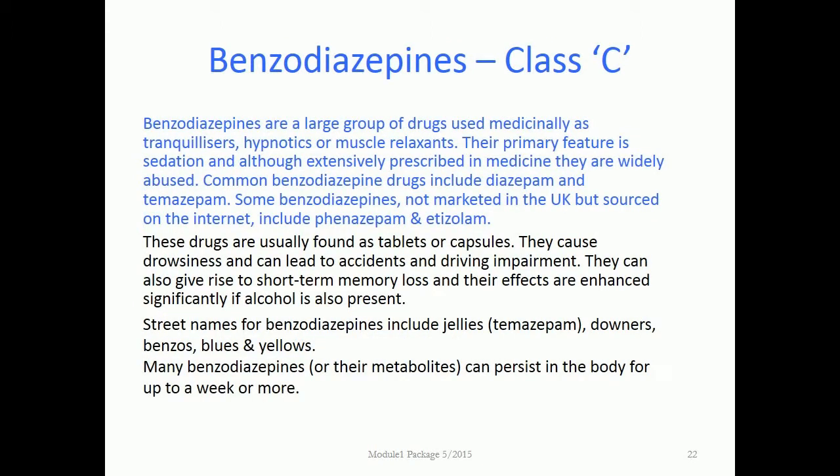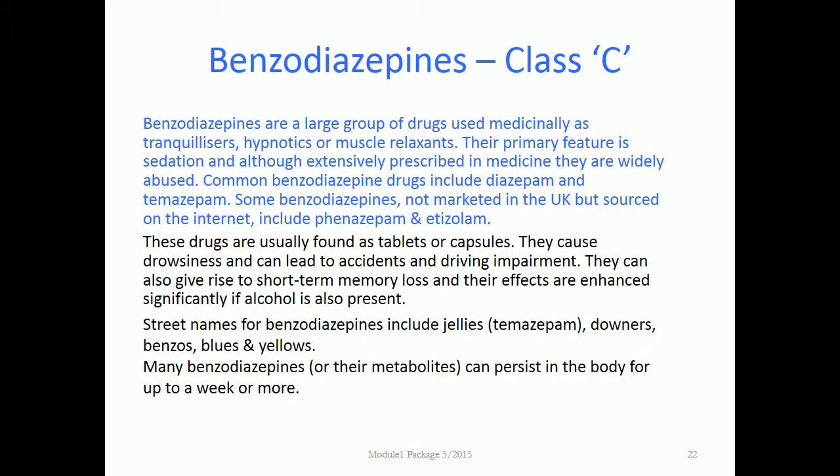Benzodiazepines, Class C. Benzodiazepines are a large group of drugs used medicinally as tranquilizers, hypnotics or muscle relaxants. Their primary feature is sedation, and although extensively prescribed in medicine, they are widely abused. Common benzodiazepine drugs include diazepam and temazepam.